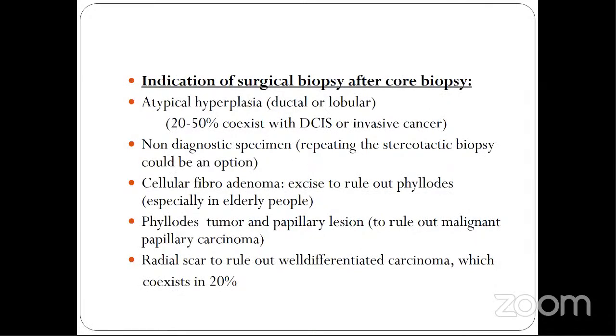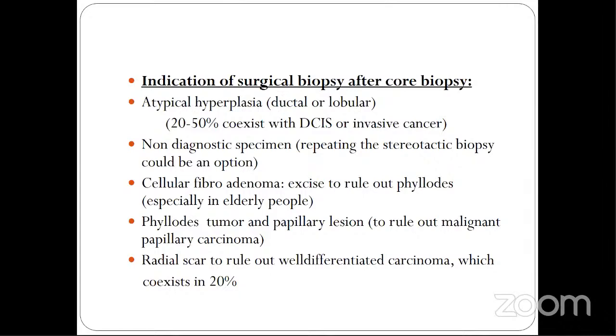Indications for surgical biopsy: atypical hyperplasia, we'll discuss later. Non-diagnostic specimen: we did mammography and image-guided core biopsy, but it's non-diagnostic, and stereotactic biopsy could be an option because it's more sensitive.